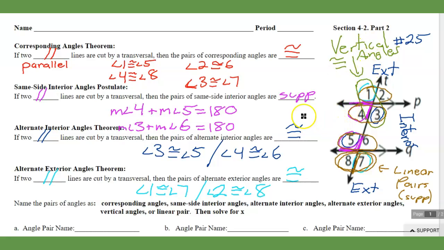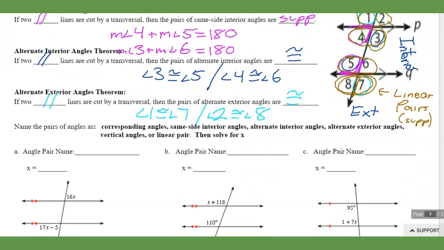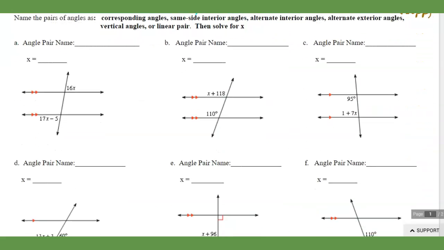So first we're going to practice identifying by the picture what type of angles they are. Then we're going to write the equation for each one, and then we're going to do the algebra to solve them. Okay, so let's practice right here. Let's see here. Yeah, so look in here. What type of angles are these two?